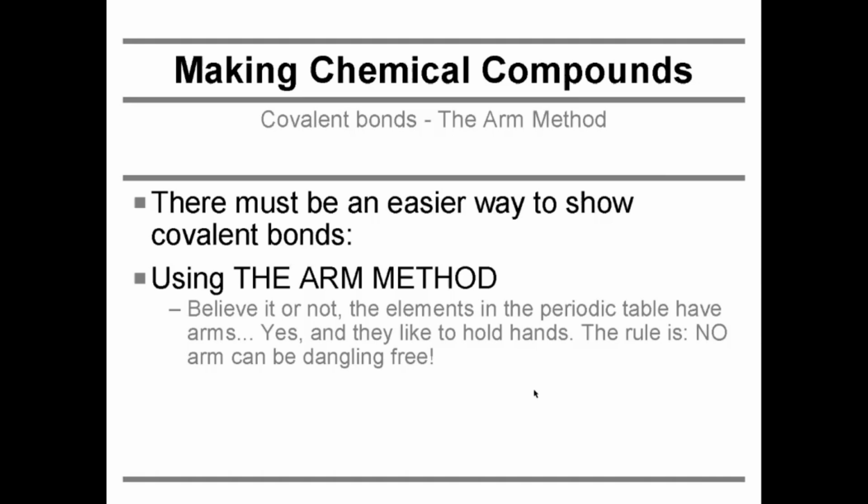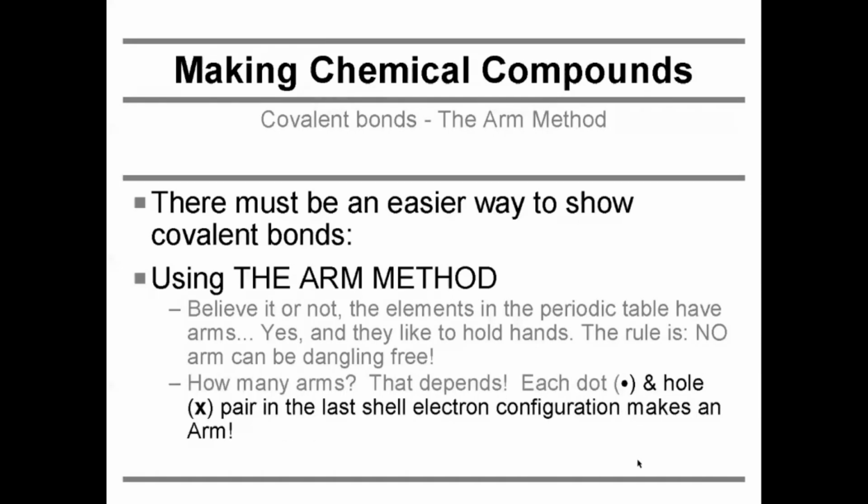It's kind of hilarious. But we're going to try this by just drawing. So how many arms does an element have? That depends on what it is. Each dot and hole, dot X pair in the last electron shell configuration equates to 1 arm.